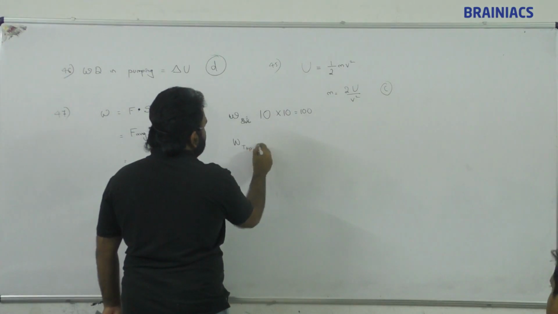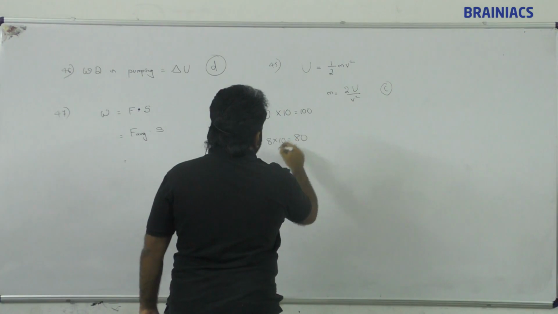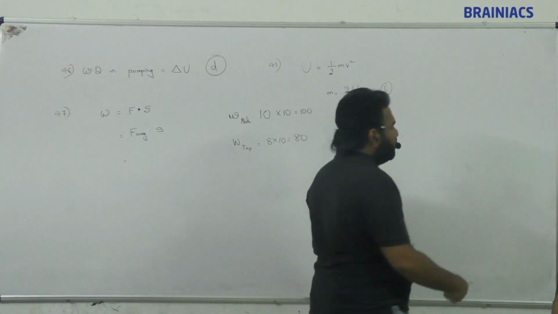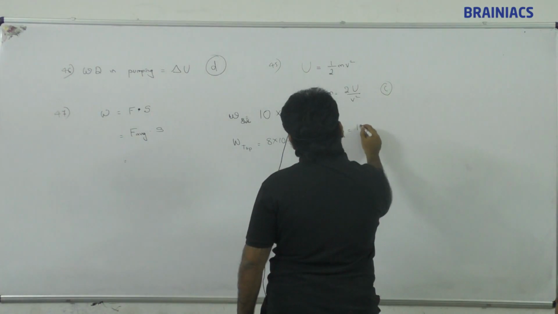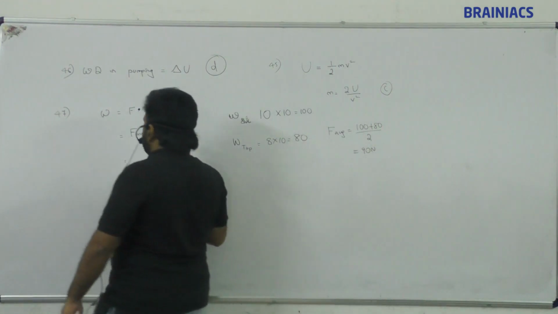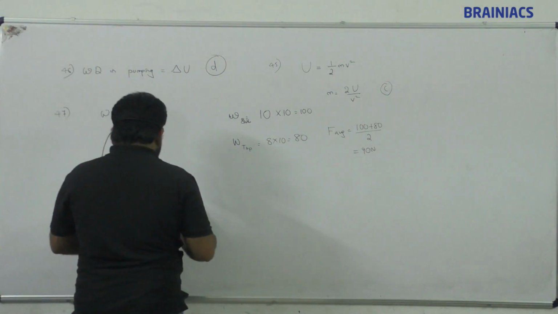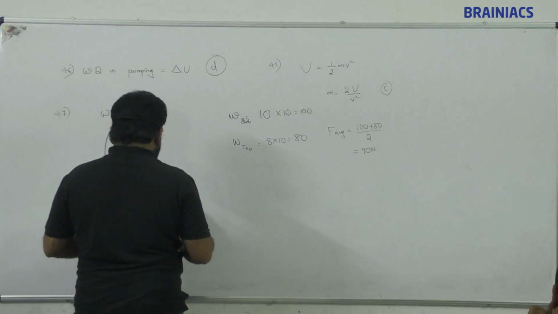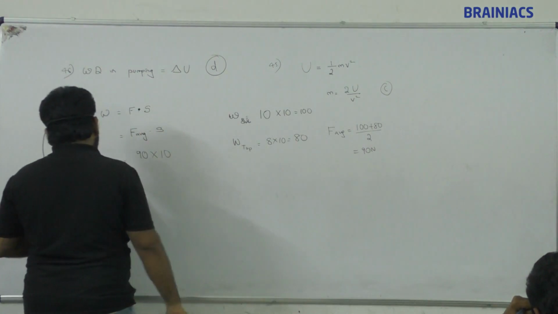At the top, this became 8 into 10, 80 Newton. So I could say the average force is going to be 100 plus 80 divided by 2, that is 90 Newton. So I can have 90 into, how much is the depth of the well? 10.